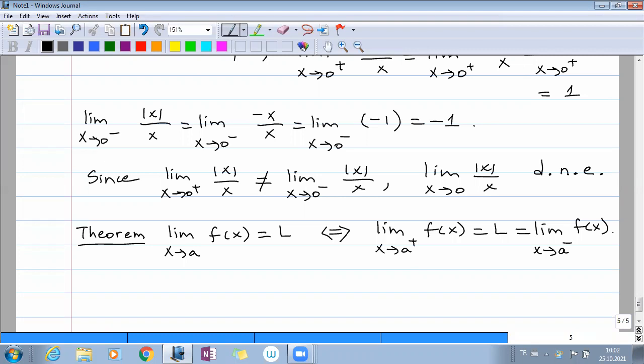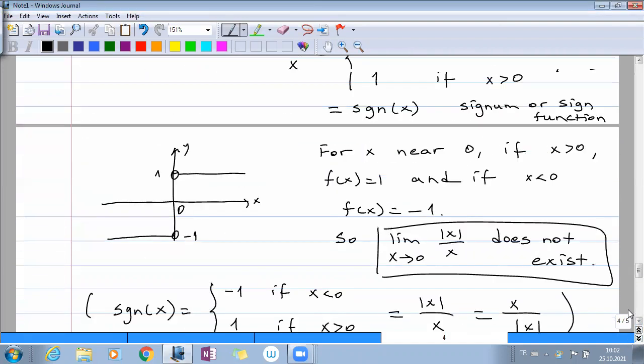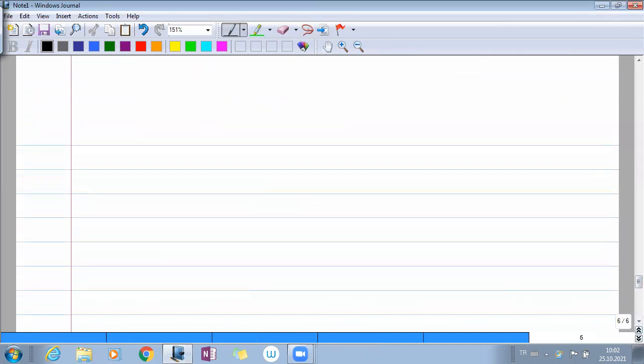For example, let me give you a couple of examples. Examples.